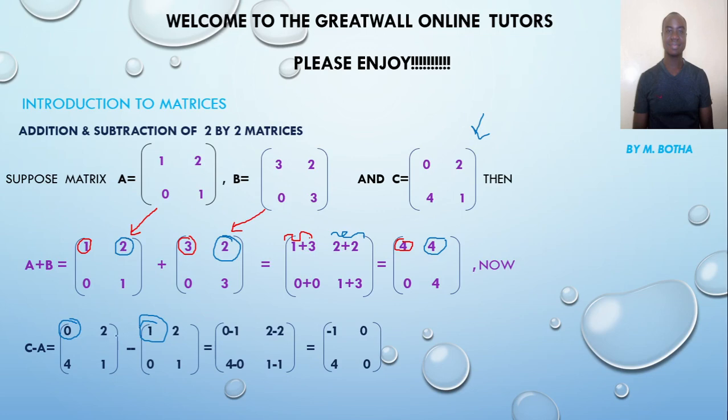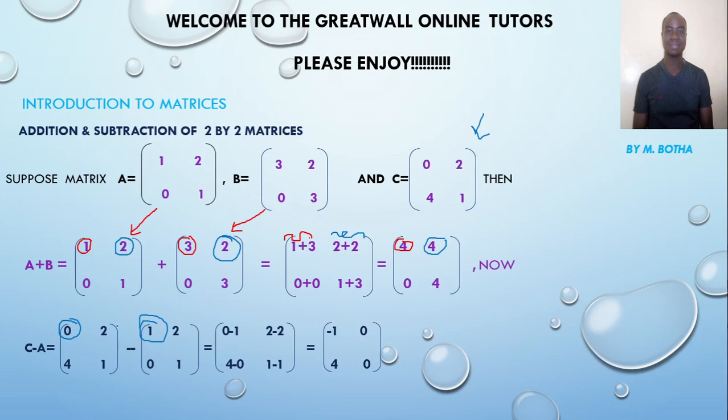In the first matrix we have 0, and in the second matrix we have the first element, which is 1. So we subtract 0 minus 1, and that will give us negative 1.